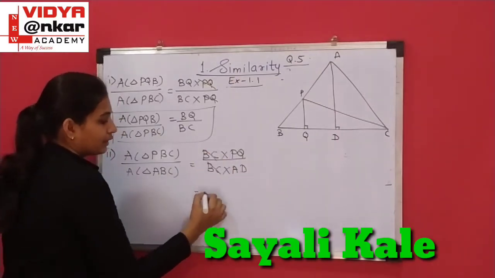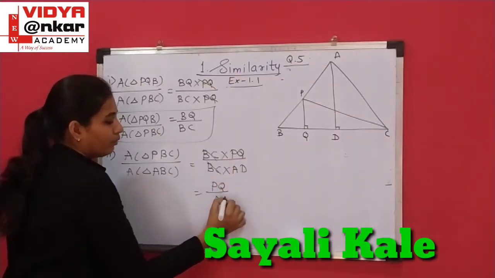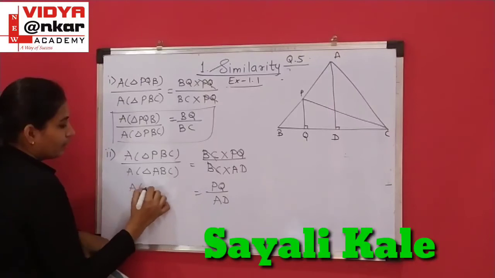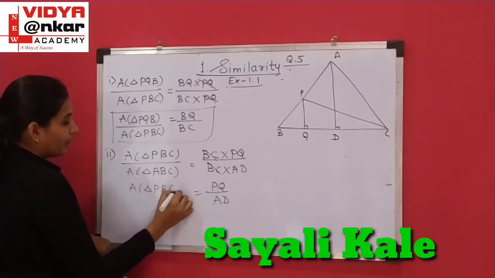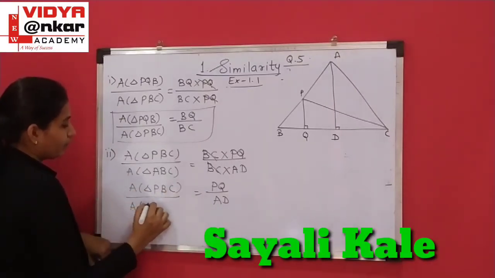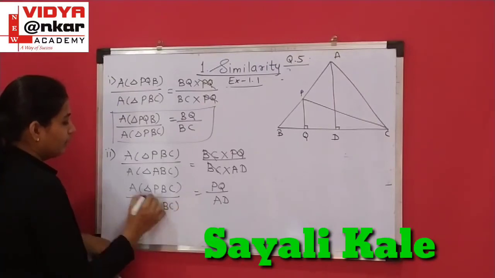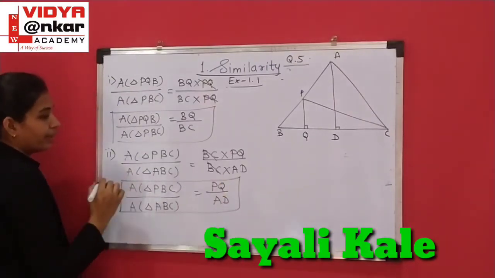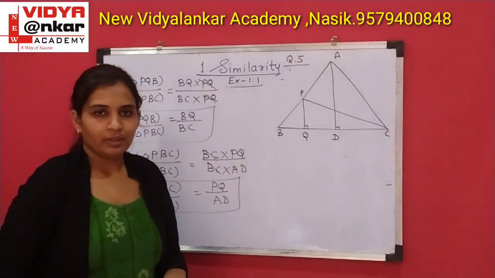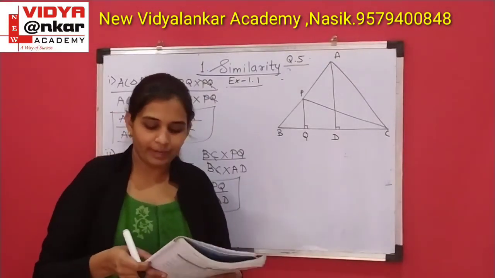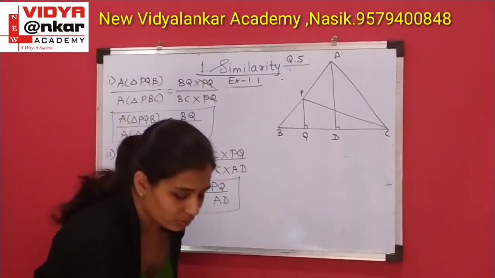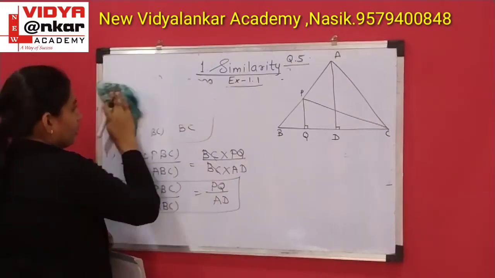BC will get cancelled. PQ upon AD. We get another answer: area of triangle PBC upon area of triangle ABC is equal to PQ upon AD. It is very simple. And the last two ratios are asked like that.